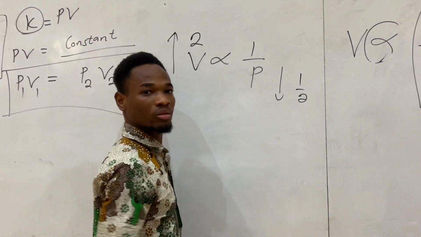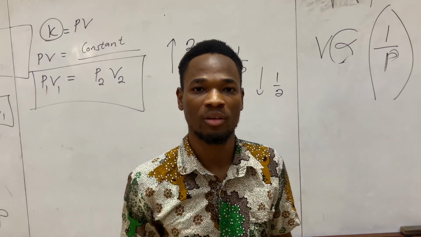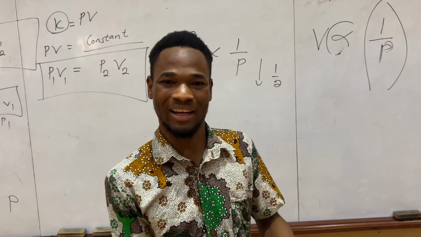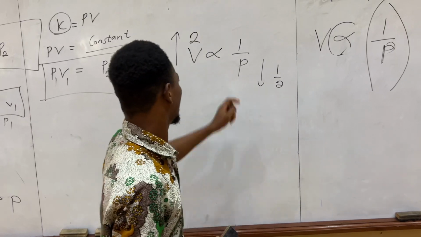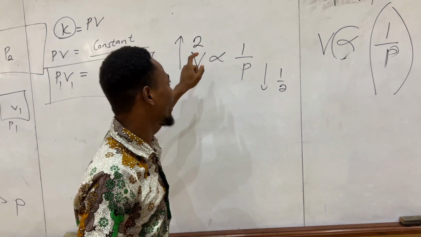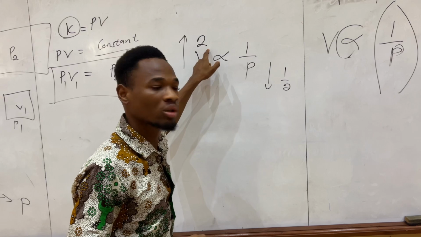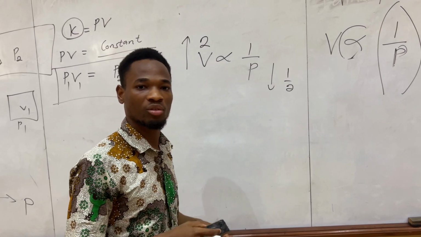It's the opposite. So the opposite of 2 is half. Do you understand? The opposite of 3 is what? Is 1 over 3. That means inverse of 3. So if I double the volume of a gas, the pressure will be half. Do you understand that way?